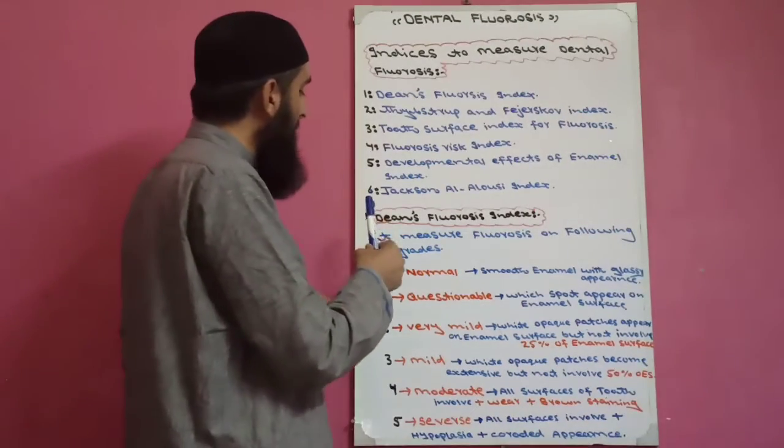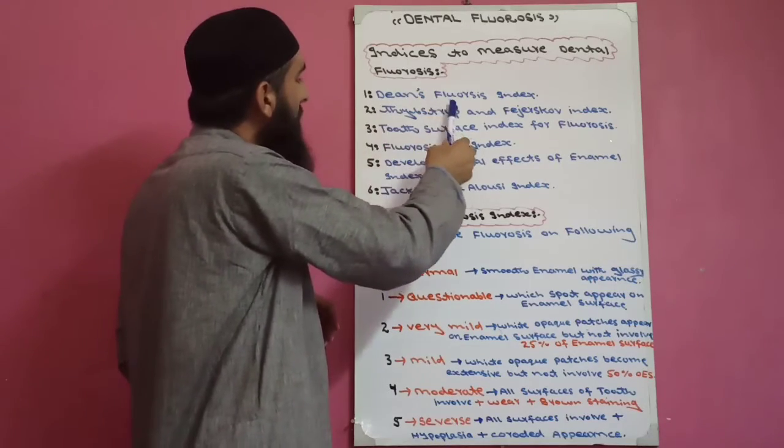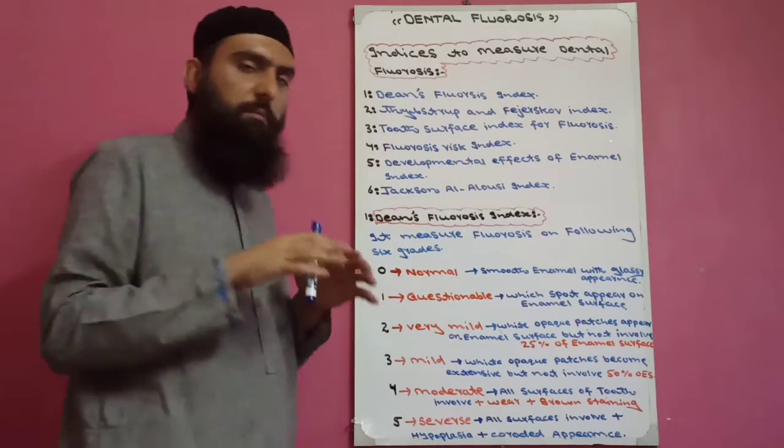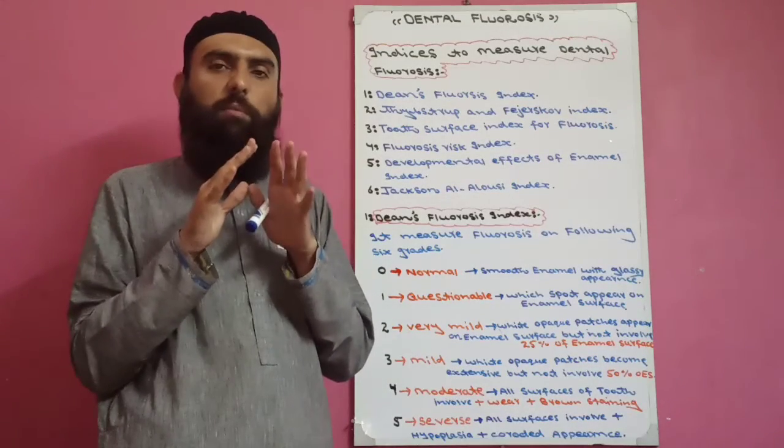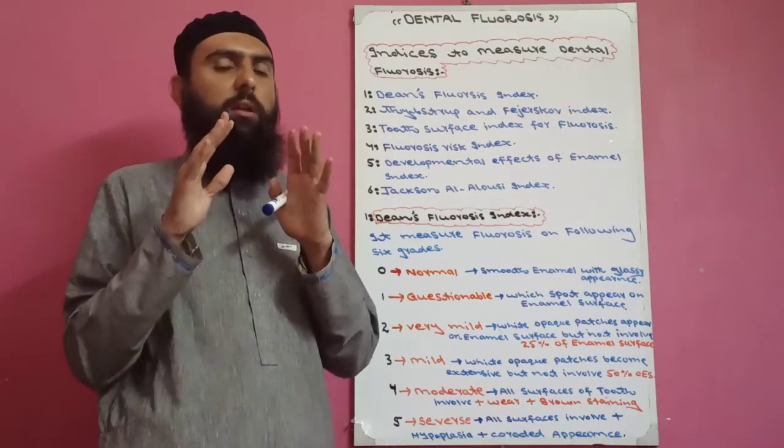Now come to the detail of the first, Dean fluorosis index. By the Dean fluorosis index, we measure the severity of fluorosis.